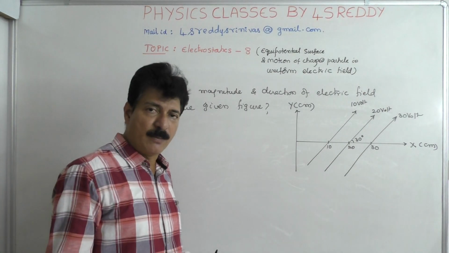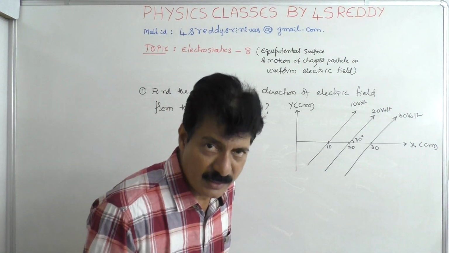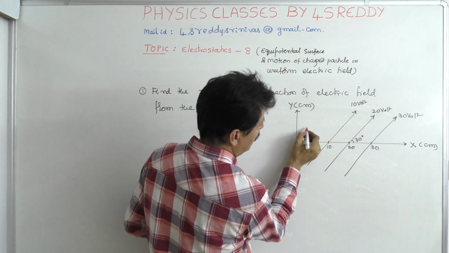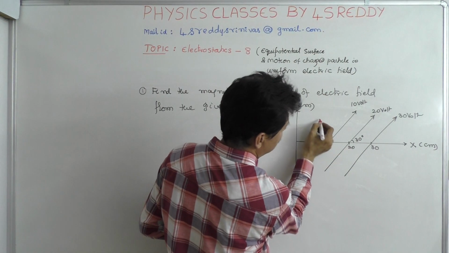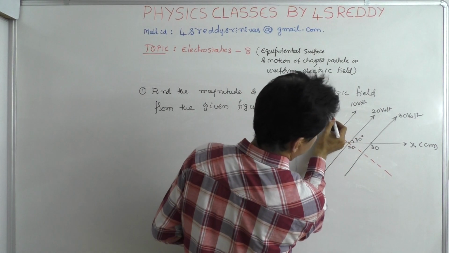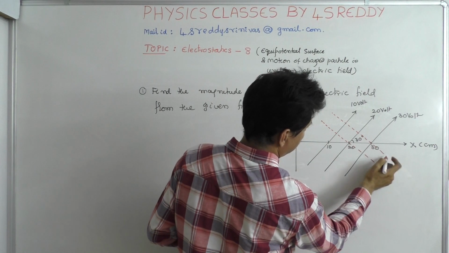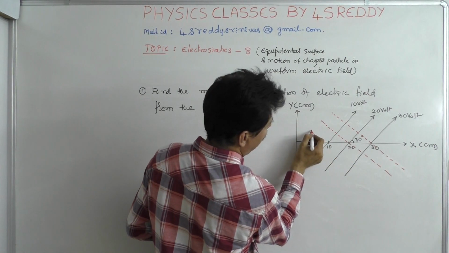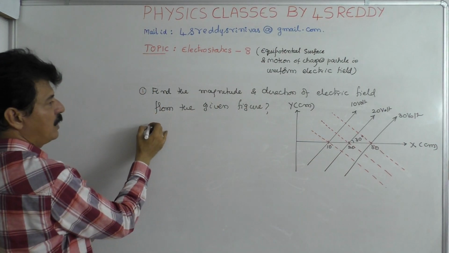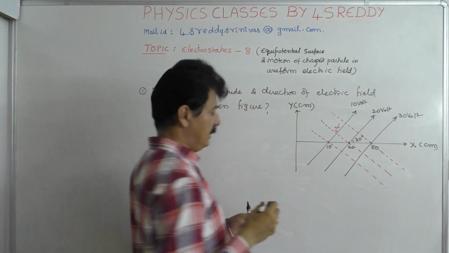The first fundamental point is that electric field lines and equipotential surfaces must be perpendicular to each other. If you draw the perpendicular lines on these surfaces, it is like this. So, while solving this problem, if you observe, this makes an angle of 90 degrees.